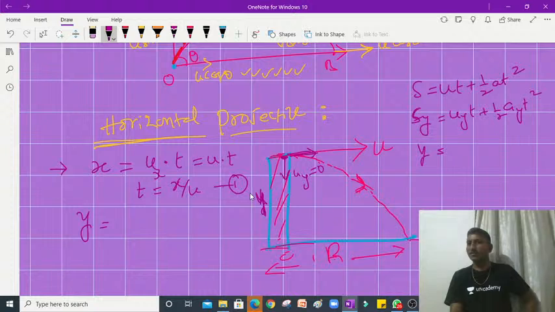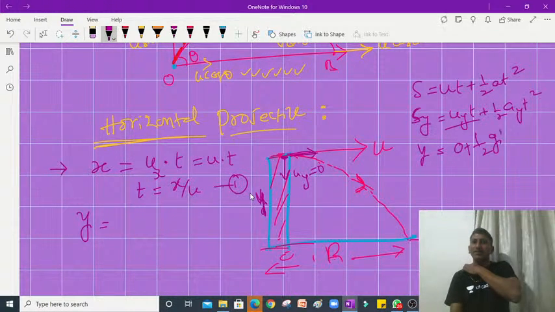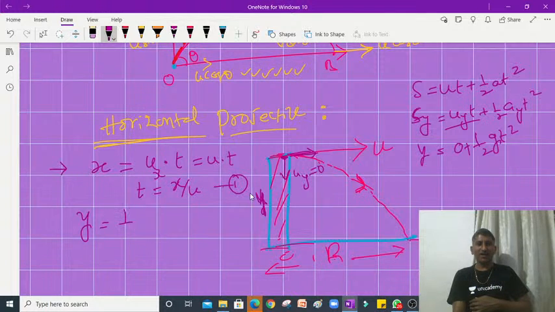Zero into anything is 0, plus half ay t square. Ay means g, since it is coming from a certain height, so ay is equal to plus g. So therefore y = half g t square.